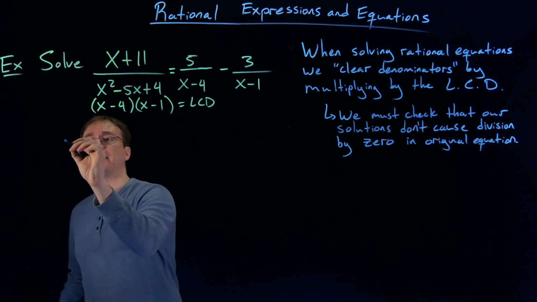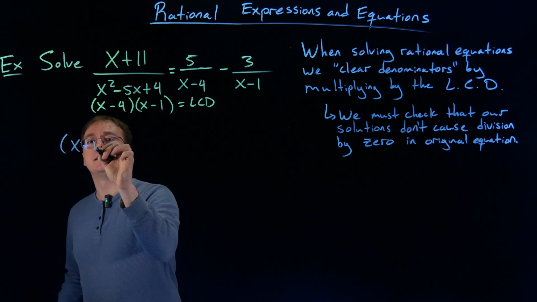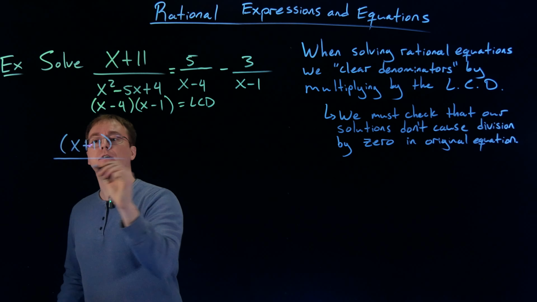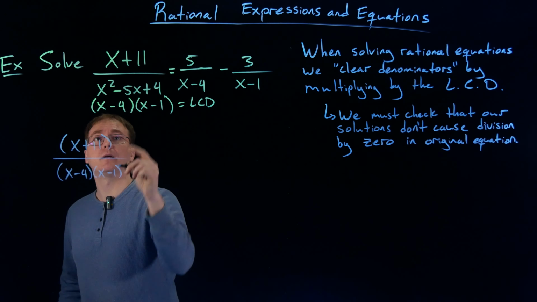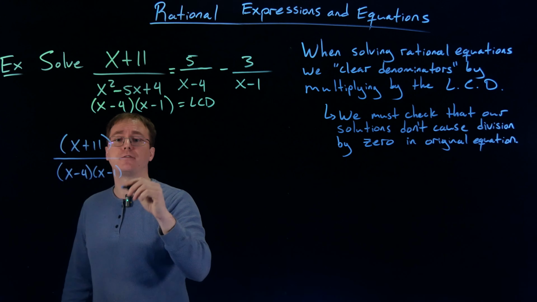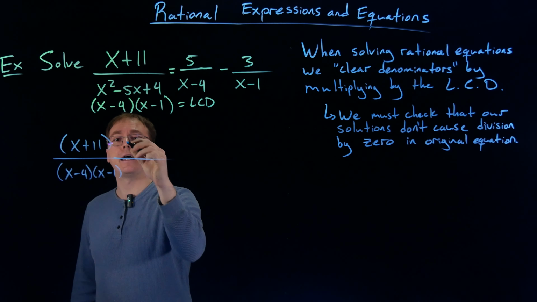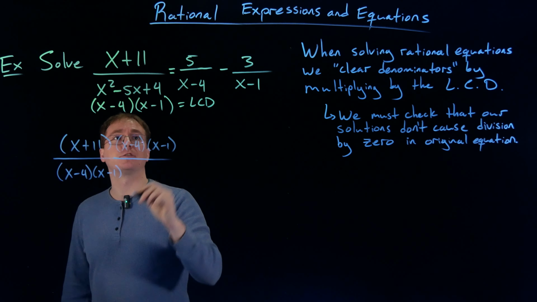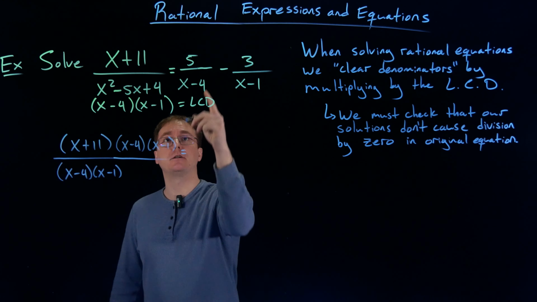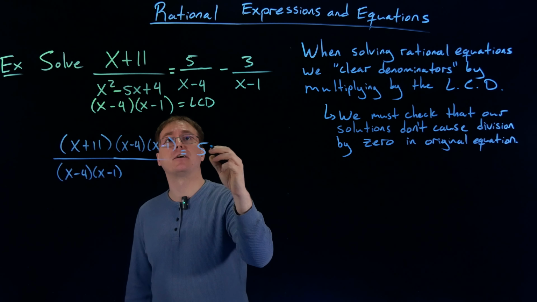So our left-hand side is x + 11 initially over (x − 4)(x − 1). I'm just writing that original denominator in its factored form. And now we have to multiply it by the LCD of (x − 4)(x − 1). And that's still going to be equal to the second fraction multiplied by our LCD.